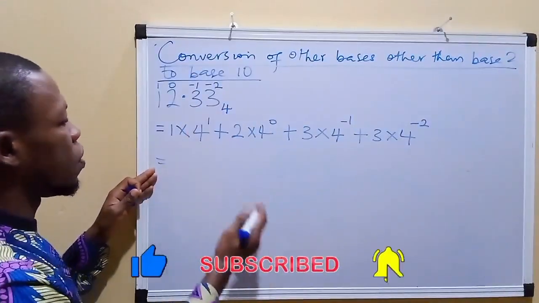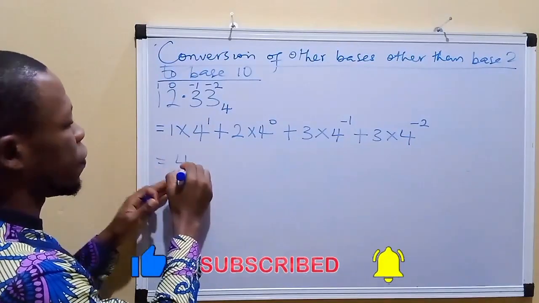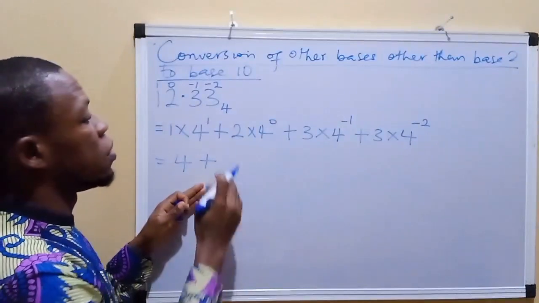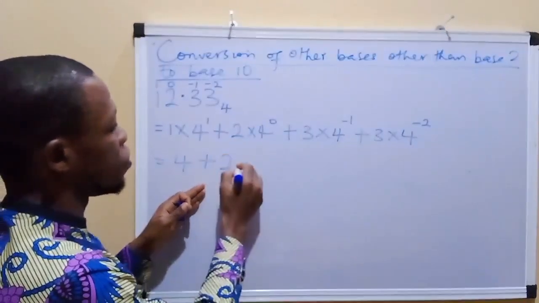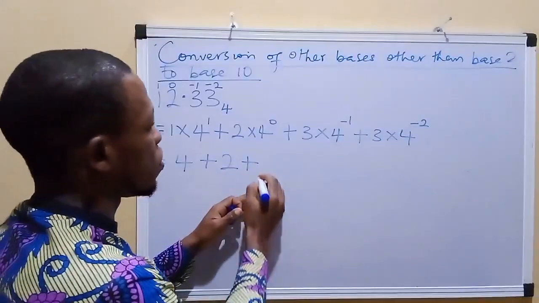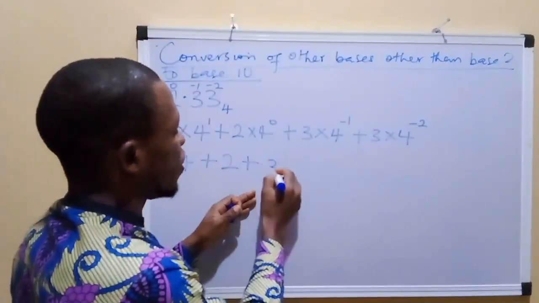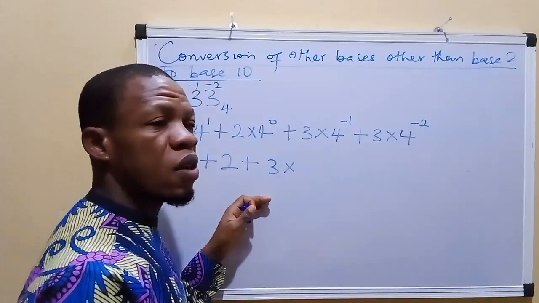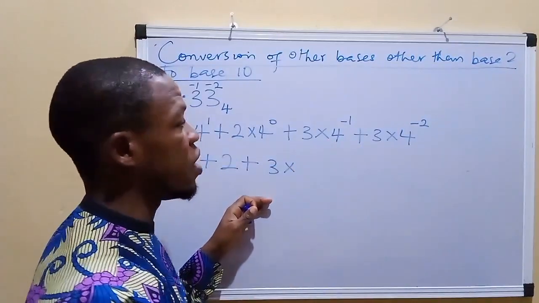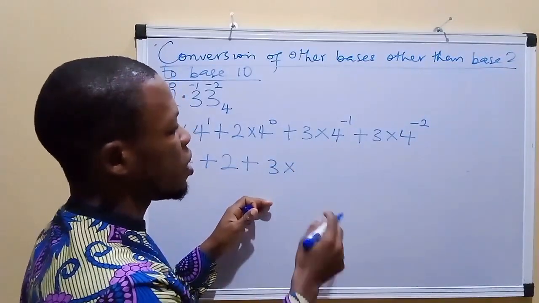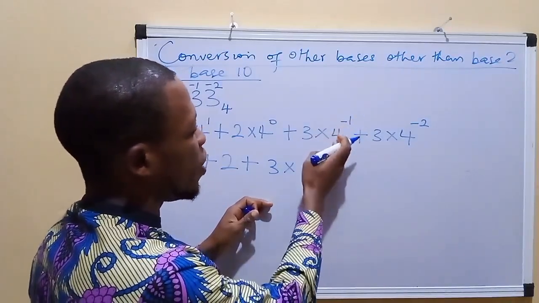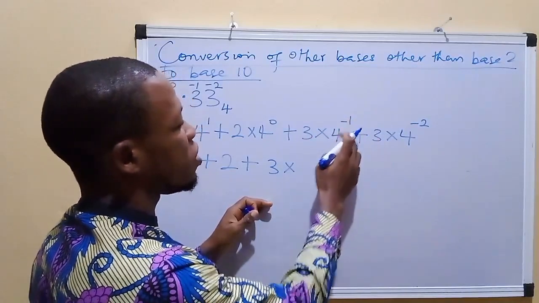4 raised to the power 1 is 4, so 1 times 4 is 4. Plus 4 raised to the power 0 is 1, 2 times 1 is 2. Plus 3 times. Now this is a negative index, 4 raised to the power minus 1. And according to the law of negative index in indices, this will be equal to 1 all over the base raised to the power of the positive index.